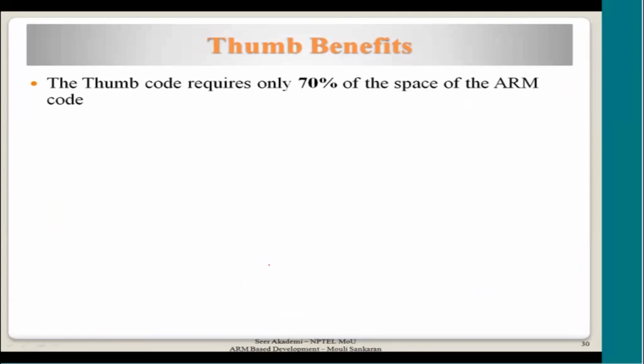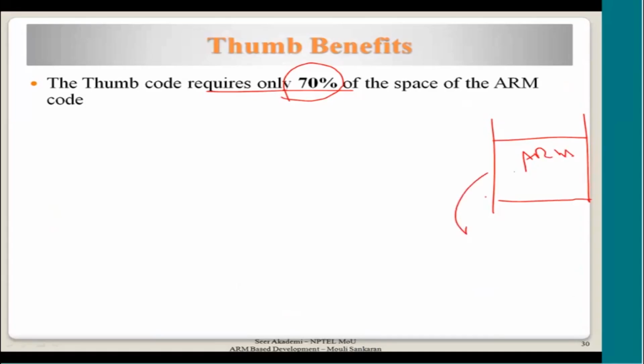Okay. So what are the benefits? Some numbers. Thumb code requires 70% of the space of the ARM code. Why does it need less? It needs only 70% of the space of the ARM code. Suppose you are doing some job in ARM state, and then you are converting the whole set of instructions into thumb code.